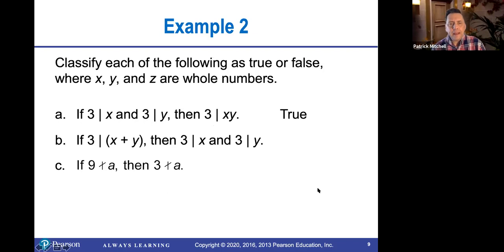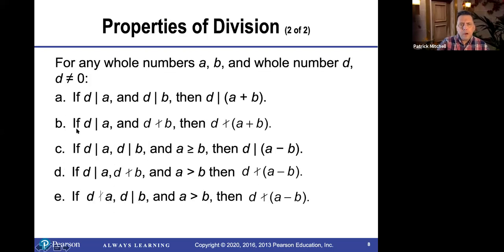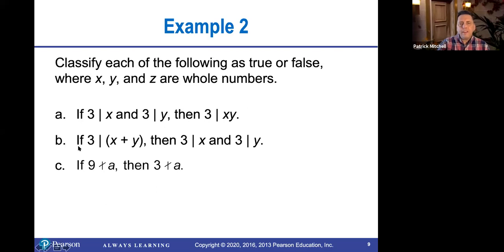Now, letter B seems familiar, right? We just looked at a bunch of statements that said something like this. In fact, let's go back here for a second. It almost looks like letter A of the properties of division, which said if D divides A and D divides B, then D divides A plus B. What this is saying is if 3 divides x plus y, then 3 divides x and 3 divides y.